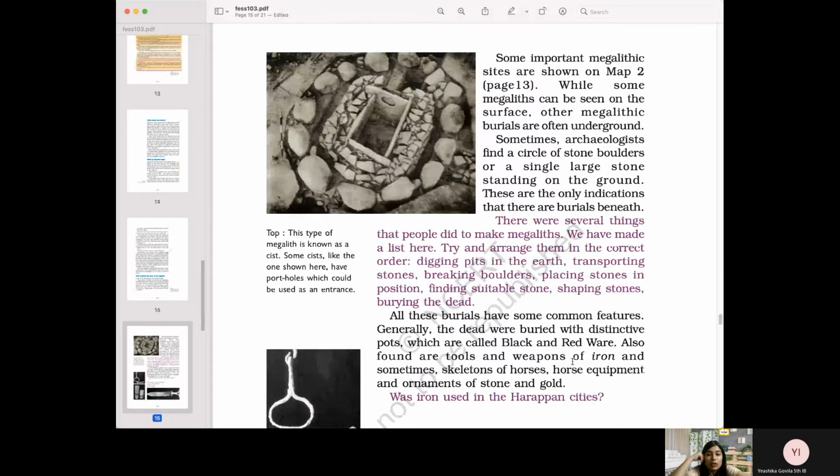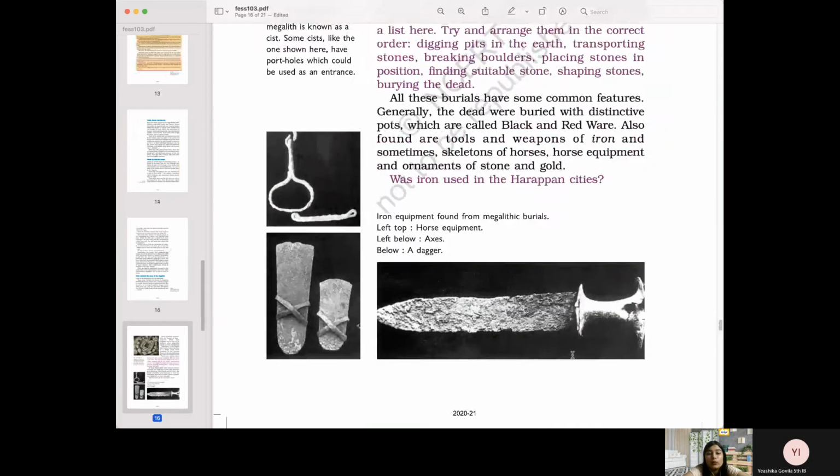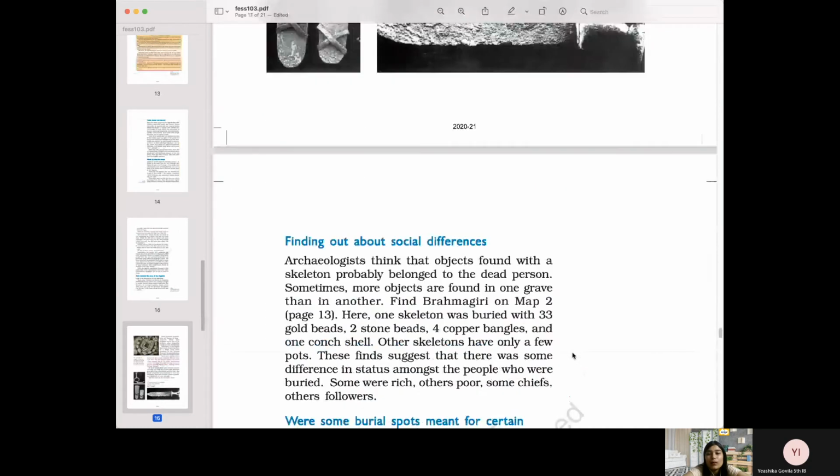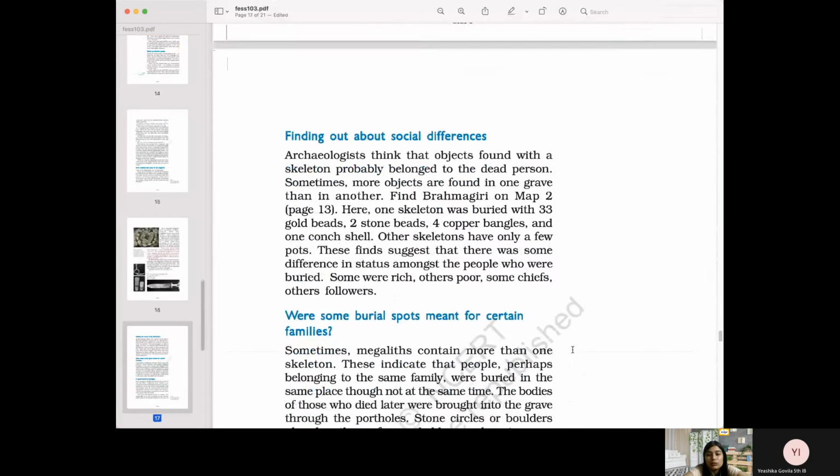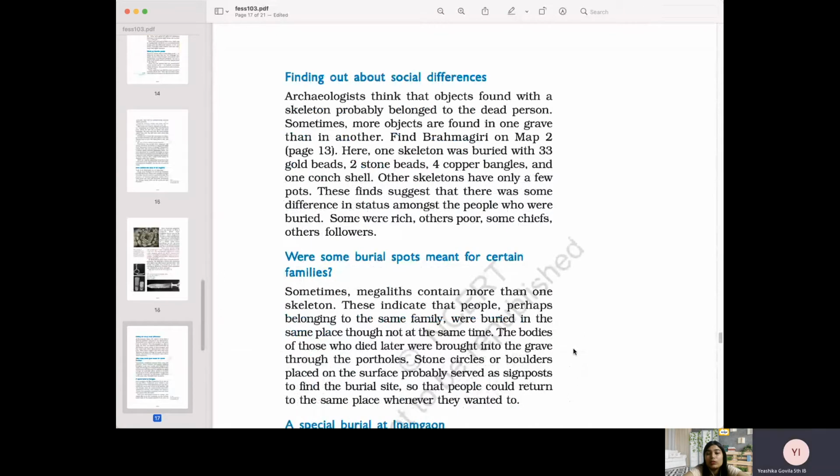So this was all about the burial there. Then if there was a chief being buried, you can just scroll down. He was buried in a grand way. Also there were a few burial spots for certain families, right?